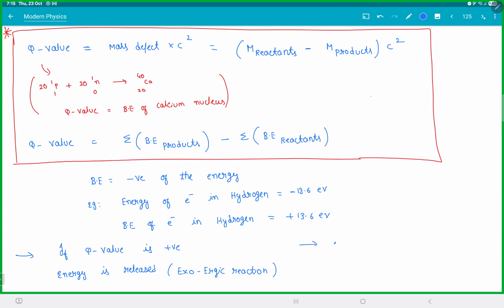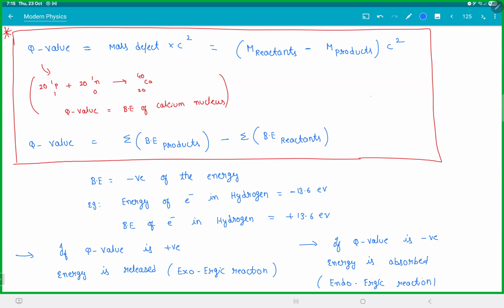And if Q value is negative, energy is absorbed. This is endoergic reaction or endothermal reaction. That is fine. It's just a terminology. So you have to provide energy for the reaction to happen.